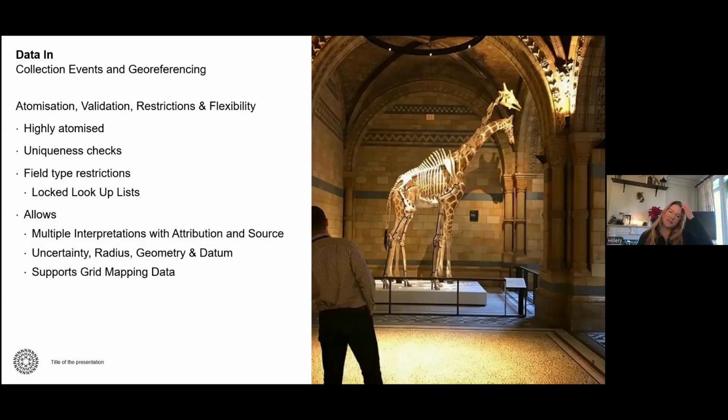But as I just explained, in terms of how those multiple interpretations are entered into our CMS, it does take in uncertainty, radius, geometry, datum. All of those fields are available for you to describe how you got to your decision as much as you possibly can. It also has support for grid mapping data.